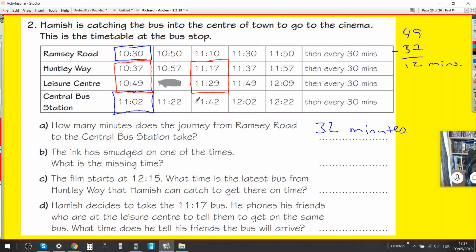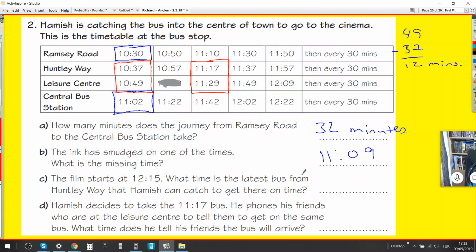So it'll be 11:09. It would be 9 past 11.